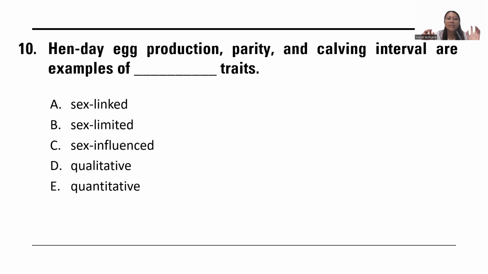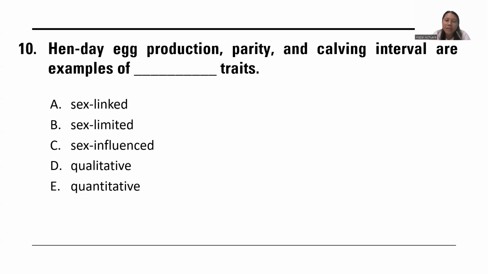Pag naman sinabi nating sex limited, yung trait na yon ay na-express lang either sa male or sa female, meaning the trait is expressed to one sex only. Sex influence naman, magkaiba yung expression ng male and female. Pareho sila ng genotypes but their expression is different. Depends on the sex of the individual.